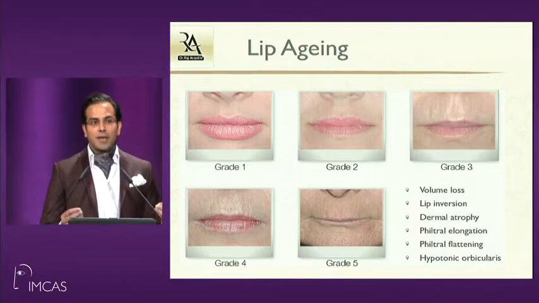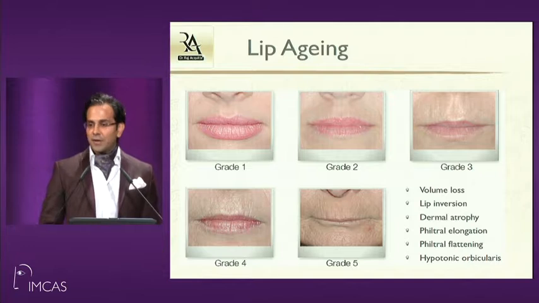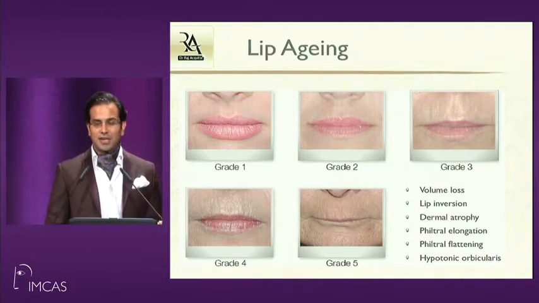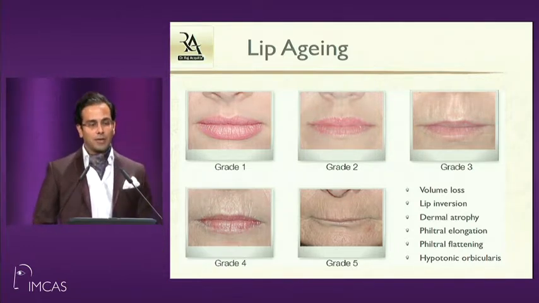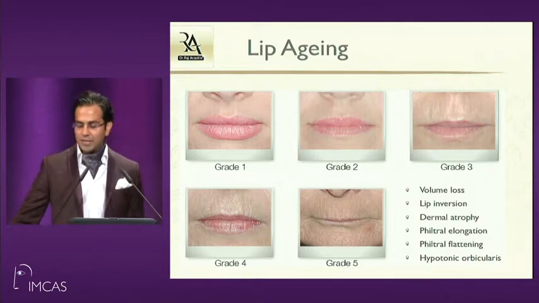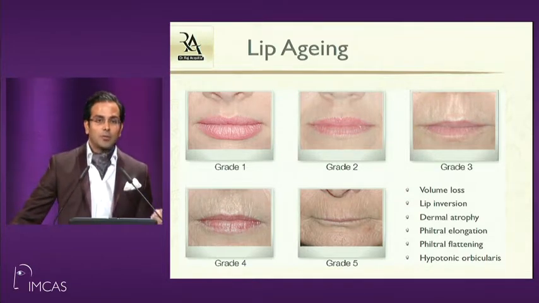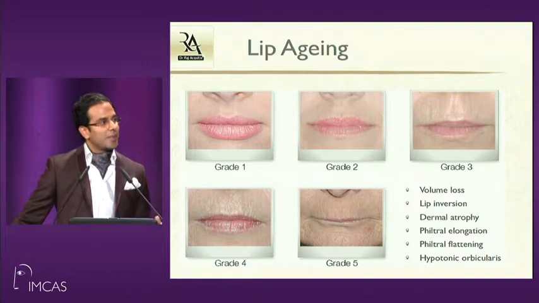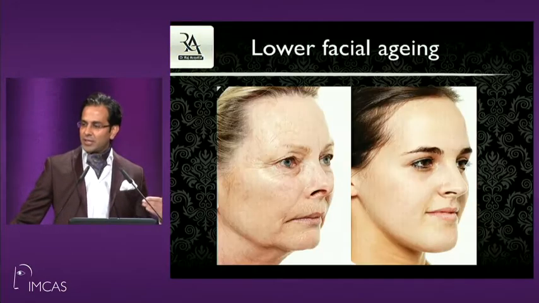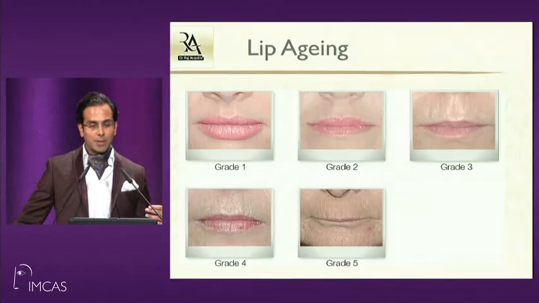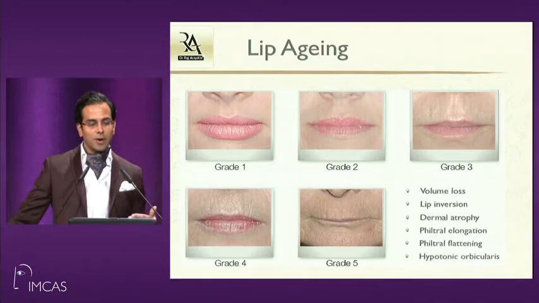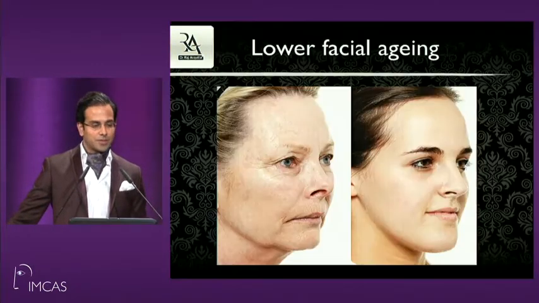Then we see an inversion, negative depression of the oral commissure, so sad corners, and then also perioral lines. So we can treat all of these indications with our fillers, and we know that when the patient consults us, it's important to manage their expectations that we're going to take them up roughly 1 grade, maybe not 2 grades, otherwise we're not going to be able to meet what they want.